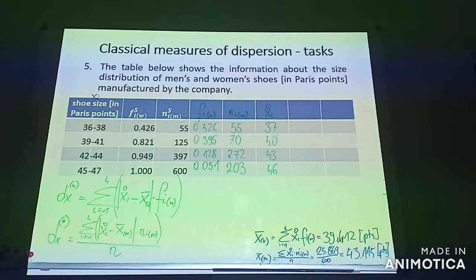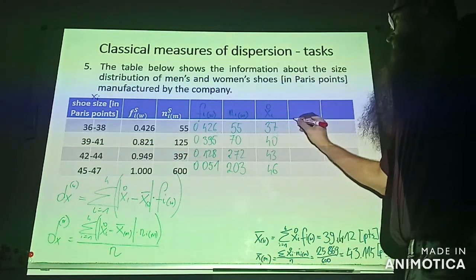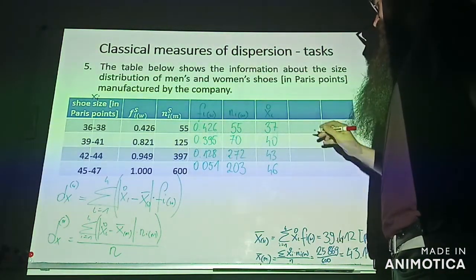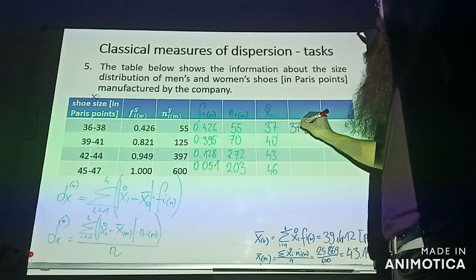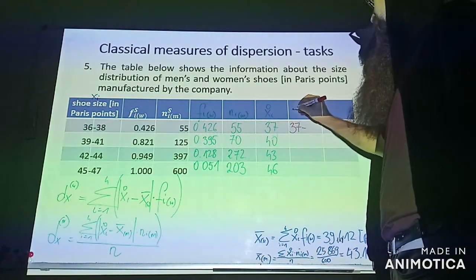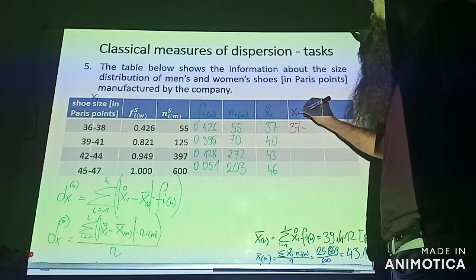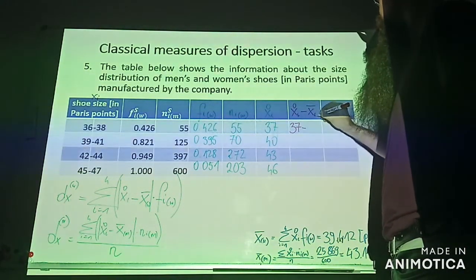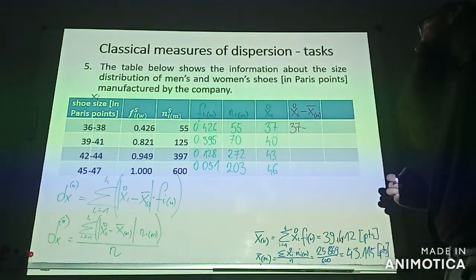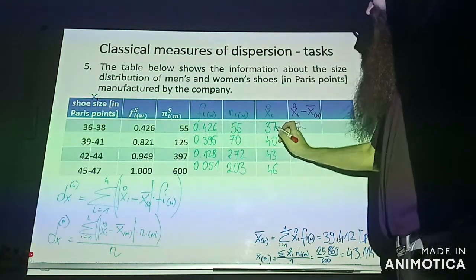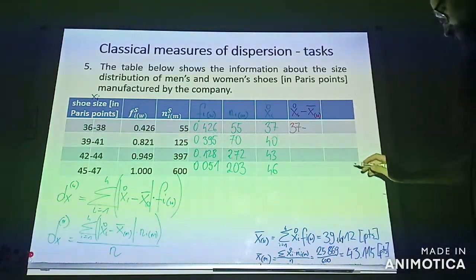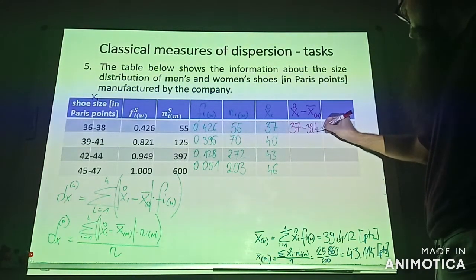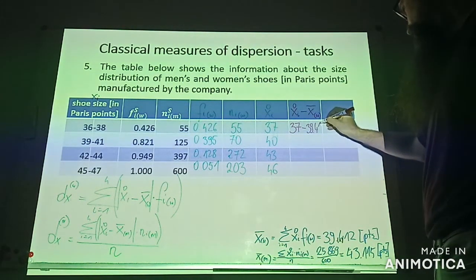So in the first row, we will subtract 37 minus, here we have an appropriate category, the middle of the class minus x mean for women. 37 minus 39.412.